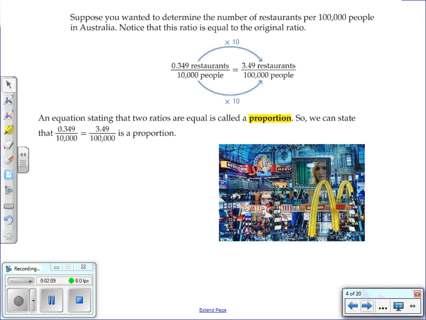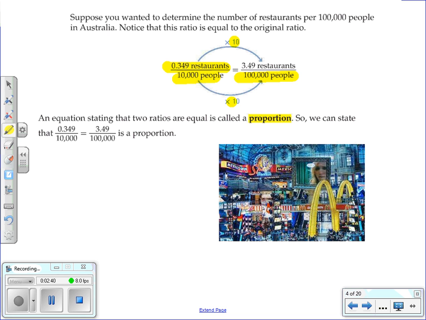All right, one thing you know about ratios is that we can have equivalent ratios. If we know that there are 3.49 restaurants per 10,000 people, we could figure out how many restaurants there would be per 100,000 people by simply multiplying both the top and the bottom by 10, right? We'd get an equivalent ratio, and we could therefore find out how many per 100,000.